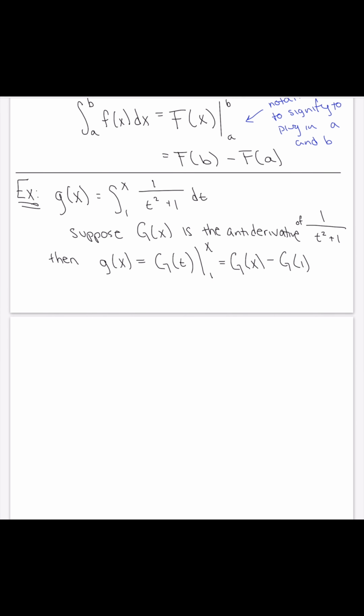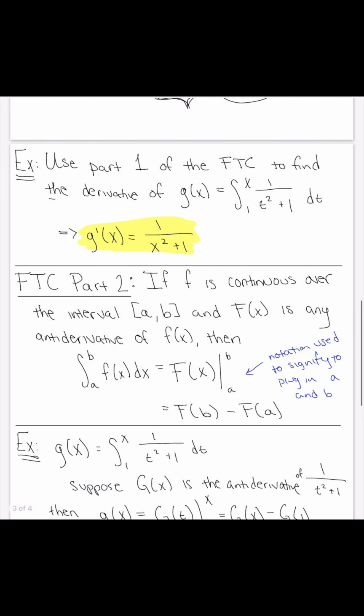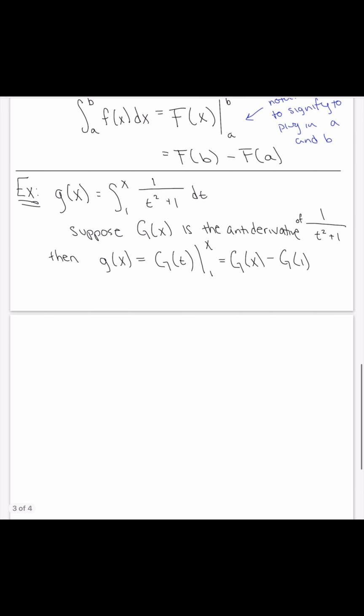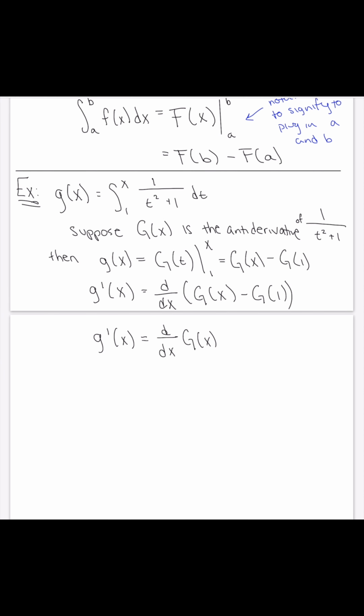But remember, I want to take the derivative. That's what it told me, to find the derivative of g. So I need to find g prime, lowercase g prime. So lowercase g prime is equal to the derivative of capital G of x minus capital G of 1. And remember, we can always do derivatives term by term if we have addition or subtraction. So we can do the derivative of capital G of x minus the derivative of capital G of 1.